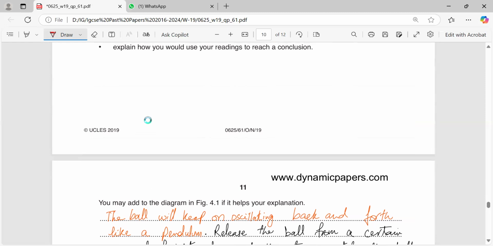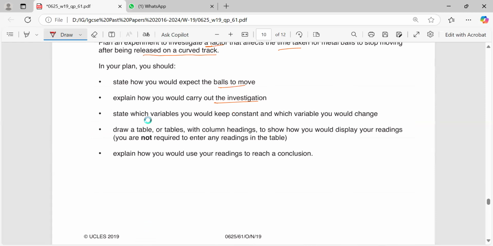Then what is the next point? State and explain which variable you would keep constant and which variable you will change. That I already explained. We will keep the mass of the ball constant, and the angle of the track constant. The variable we change is the height of the ball.